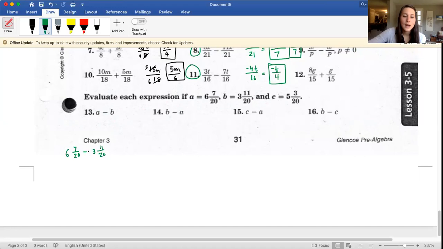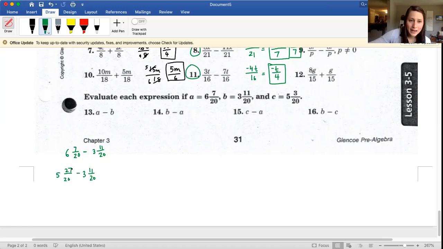So when I'm adding or subtracting, I can subtract just my whole numbers if also my numerators are big enough to subtract. Now here I've got 7 minus 11. So I think I'm going to borrow from my whole and make this 5 and 27 over 20 minus 3 and 11/20.